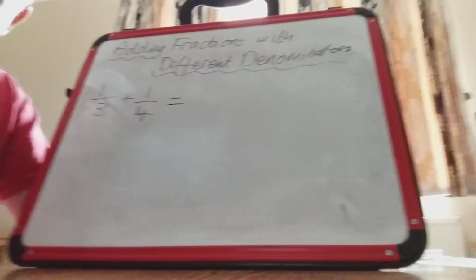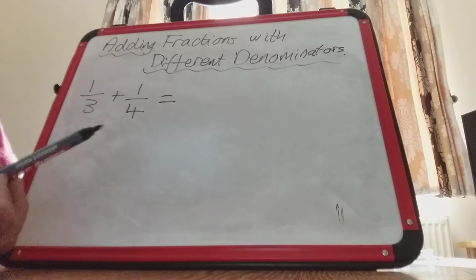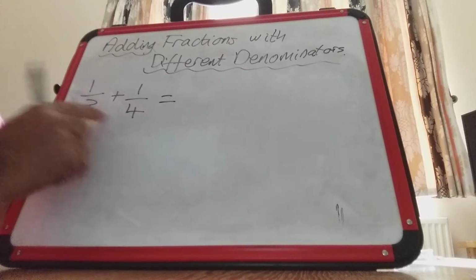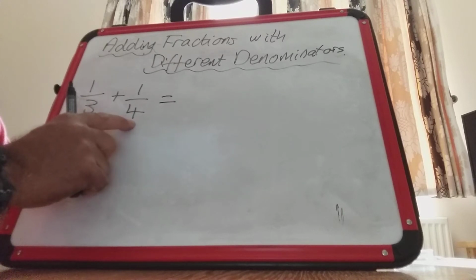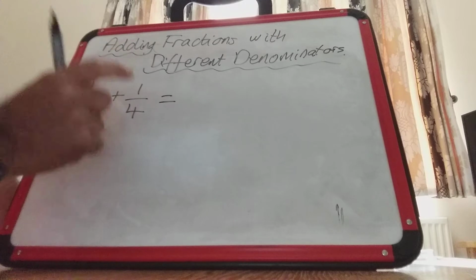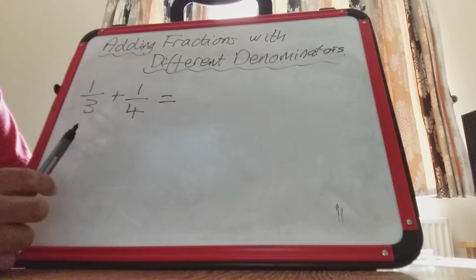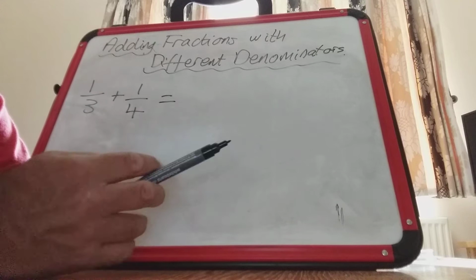Okay, example number 2. Now, this is a little bit trickier. So we've got 1/3 plus 1/4. The problem is that you can't use either of those, because if you use thirds, then you can't get quarters into thirds. And if you use quarters, then the other one doesn't work either. So what you've got to do is think of a number that 3 will go into and 4 will go into.